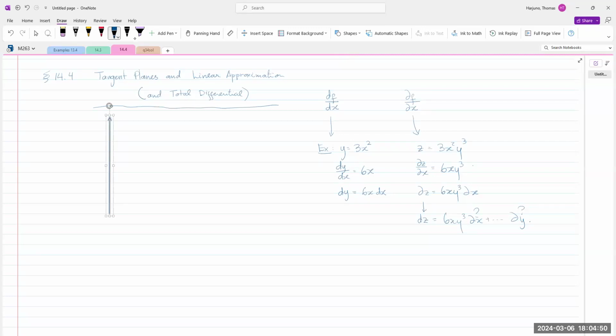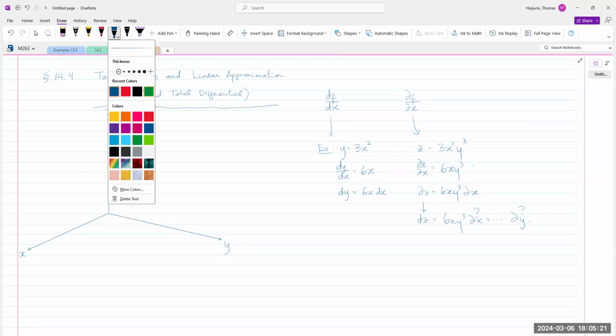So let's say this is the z-axis, the y-axis, and then the x-axis. And then I have a curve or a surface above that.